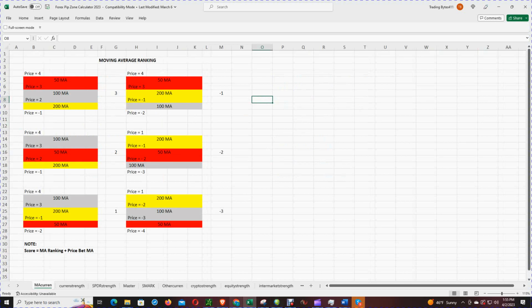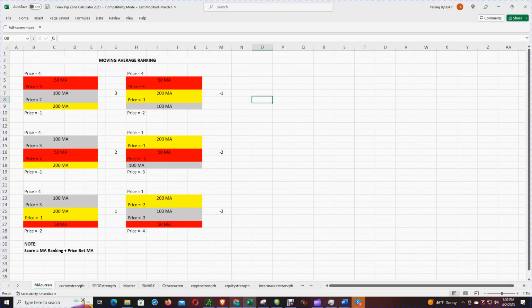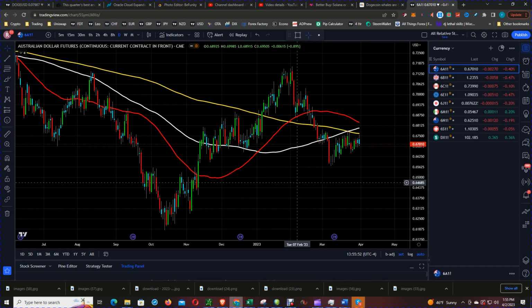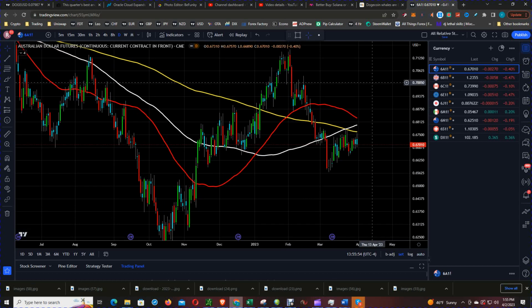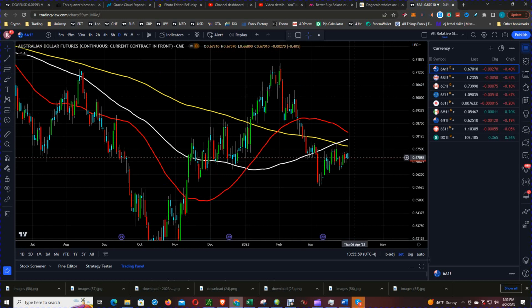Okay, so we're going to go to the charts. And the first currency is the Aussie dollar. So you can see price is below the 50, 100, and 200.